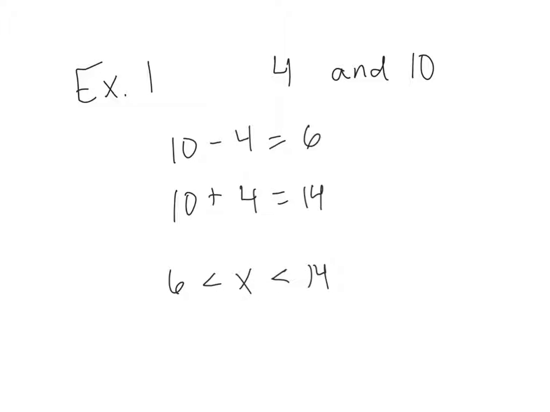It can't equal 6 and it can't equal 14. It has to be greater than 6 and less than 14. So 6.5, 7, 8, 9, 10, 11, 12, 13, 13.5, 13.75, all those would be acceptable.